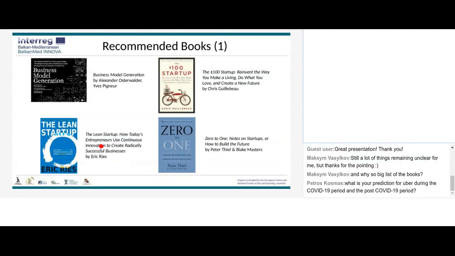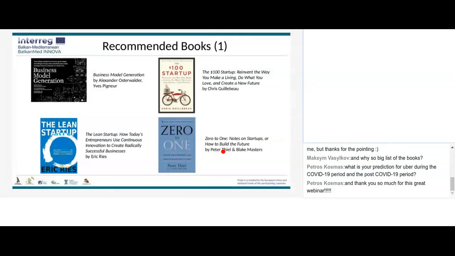The Lean Startup is a little bit bigger, but Zero to One is a really quick read. You can read it in 2 days or so. And Business Model Generation as well is a quick read. It's full of schemes, and it's a relatively small book.